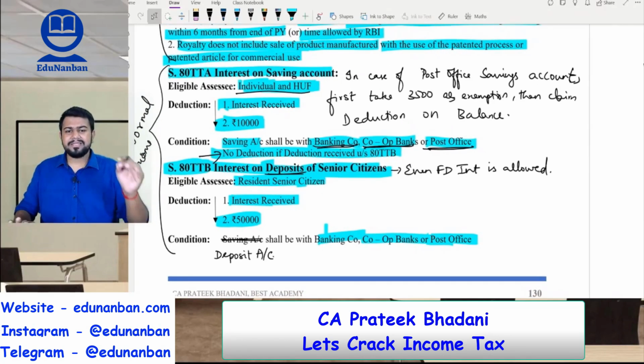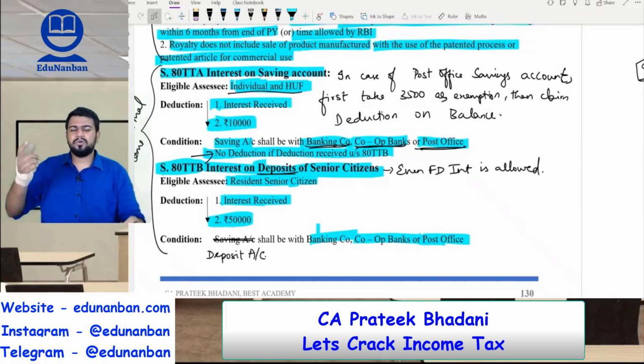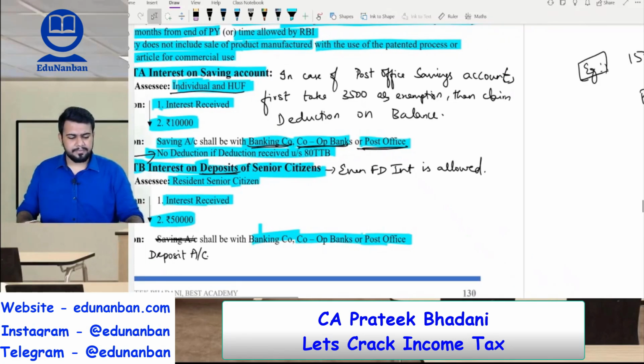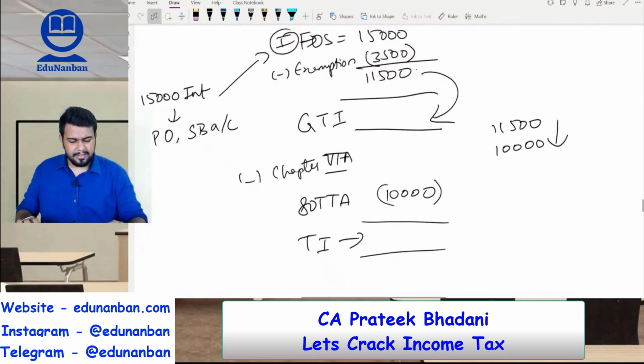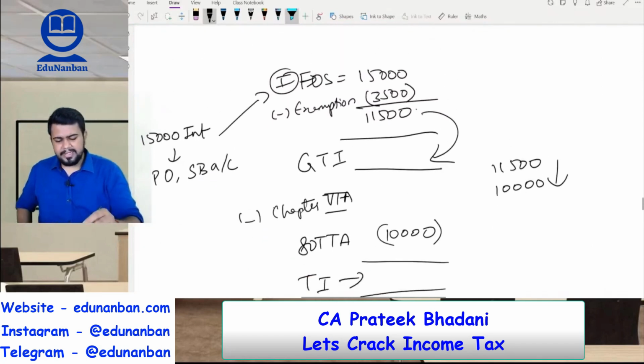However, if it is a post office saving bank interest, then you know that under income from other sources 3,500 rupees is allowed as exemption. So first you claim the exemption, then on the balance amount you can claim the deduction. So I told you earlier itself, let's say interest from post office saving bank account is 15,000.